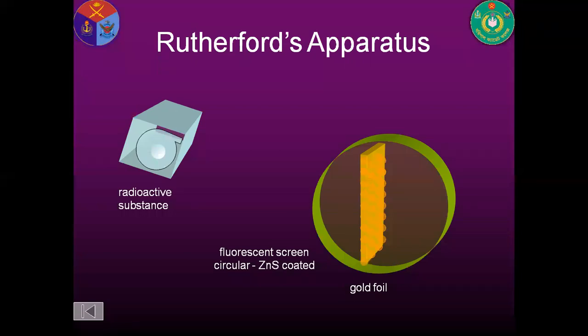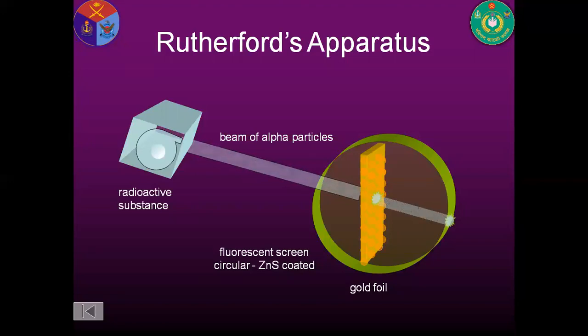This is Rutherford's apparatus, where alpha particles are created and go towards the gold foil, and the result is like that. Here are the source of alpha particles, the gold foil, and the paths of the alpha particles.